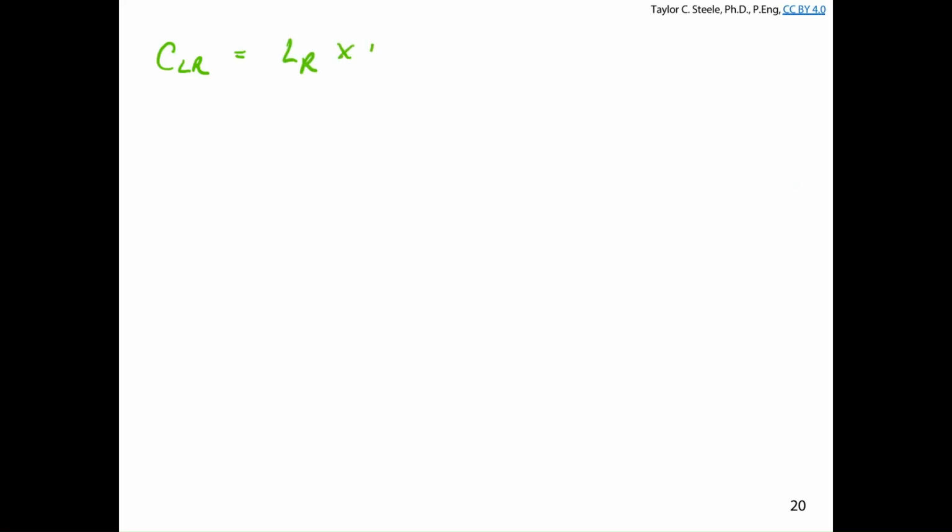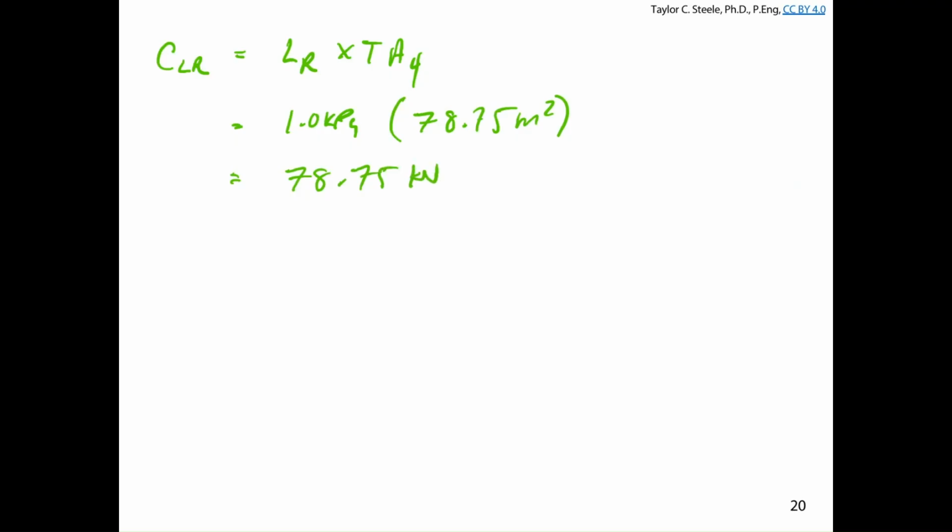That's 1 kPa times 78.75 meters squared, which is 78.75 kilonewtons. I'll call that 79 kilonewtons. Very similar to the calculation we just did for the roof snow load. Different load, same area, slightly smaller load. Questions or concerns about that step?